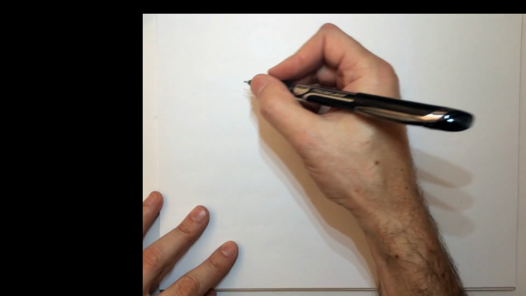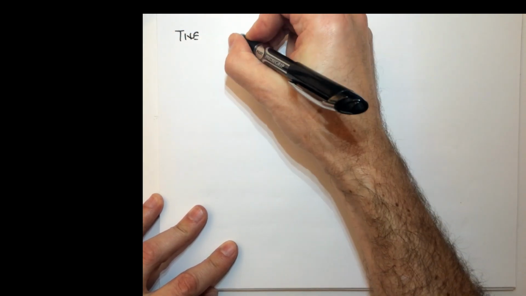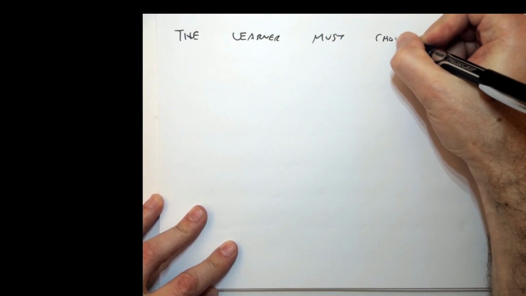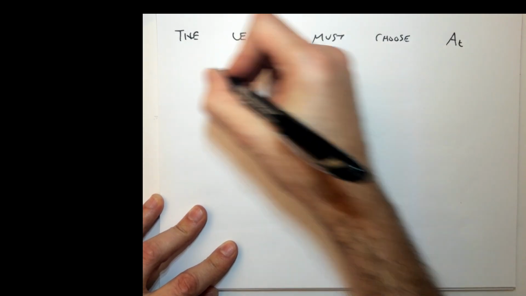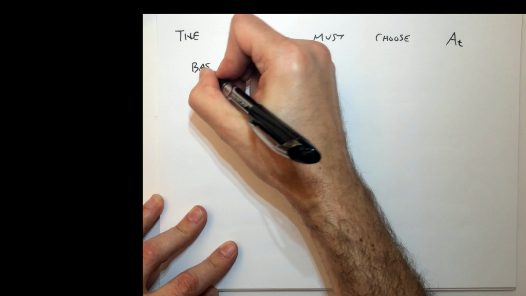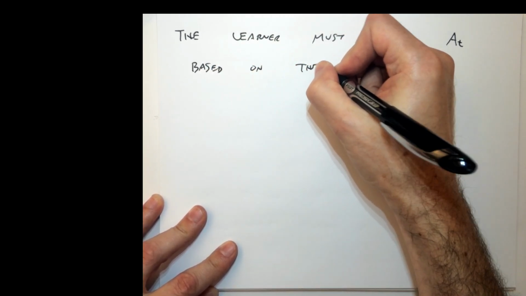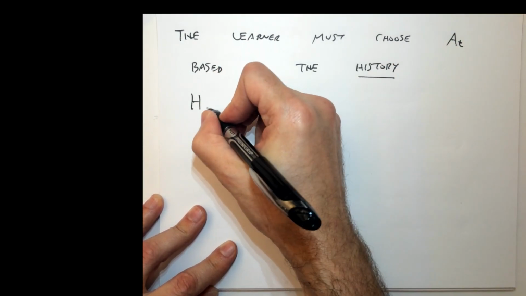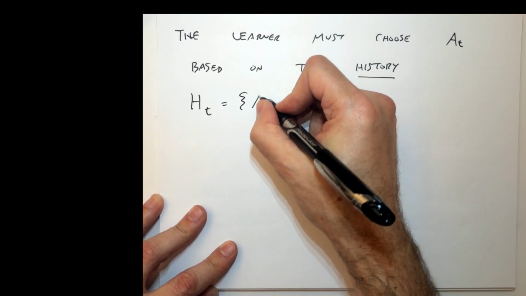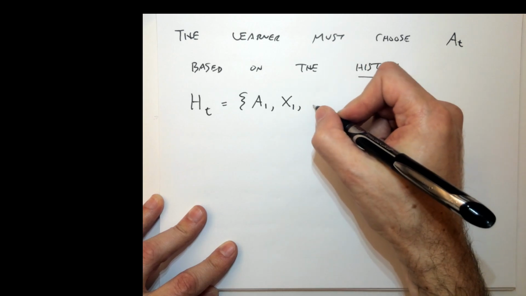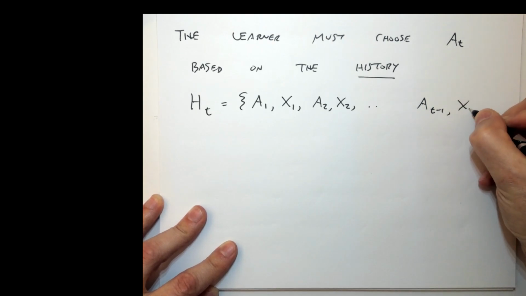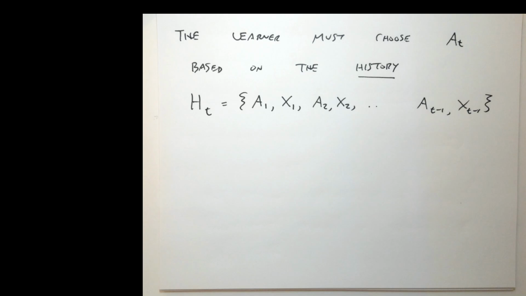And so the learner has to choose their next action, A sub t, based on the history so far, which is kind of like, what do I know up to point t? I know the action and the reward I got on turn 1, the action and the reward I got on turn 2, the action and the reward I got on turn t minus 1.